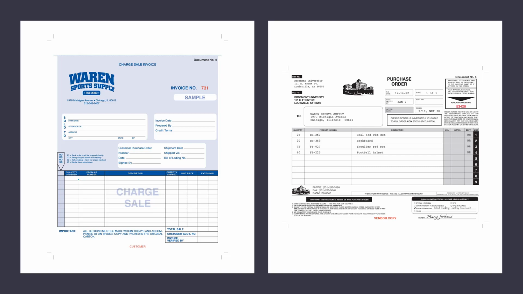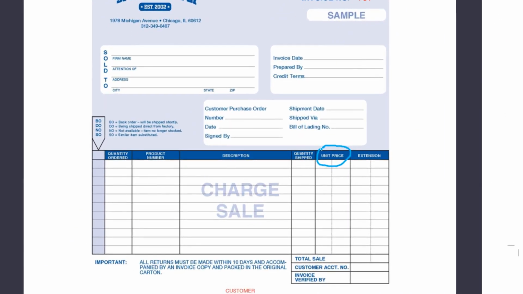So you put the quantity and the product number here, and description, quantity shipped, and etc. So the unit price here, where to find it? I didn't put it on my slides, but it's in the price list. Notice in the price list, you have to use the selling price. We cannot use the cost, okay?